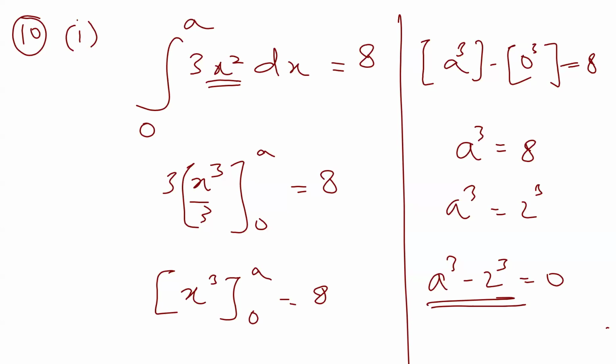So a cube minus b cube is a minus b, a square plus ab plus b square, equal to 0.